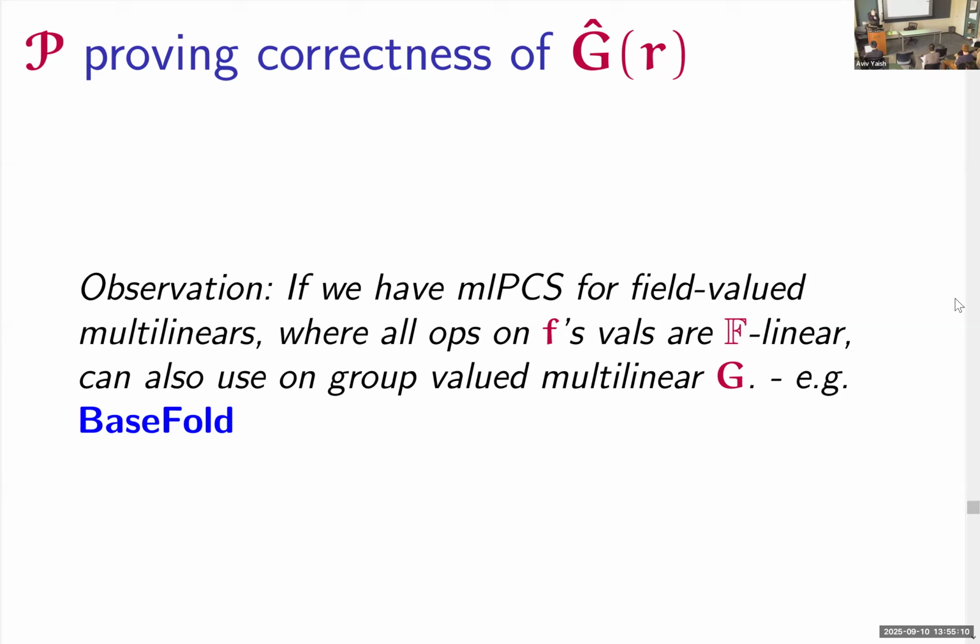Oh, 10, that's a lot of time. Okay. Before I do that, any questions? All right, so maybe just clarify, you're suggesting that you can run basefold here on group-valued multilinears? Yes. That is the main point of the paper.